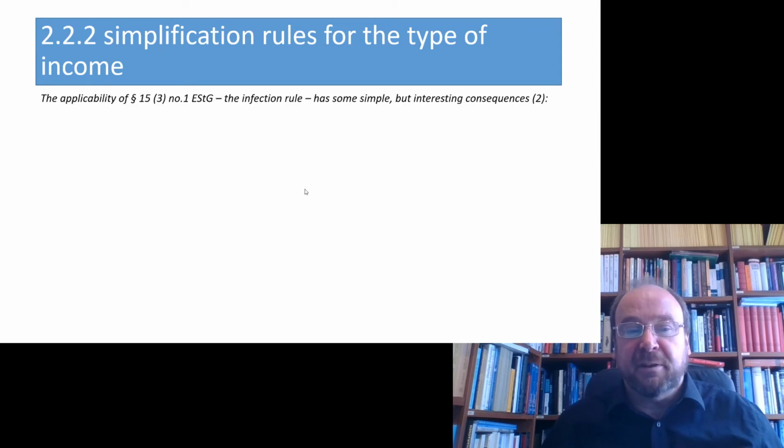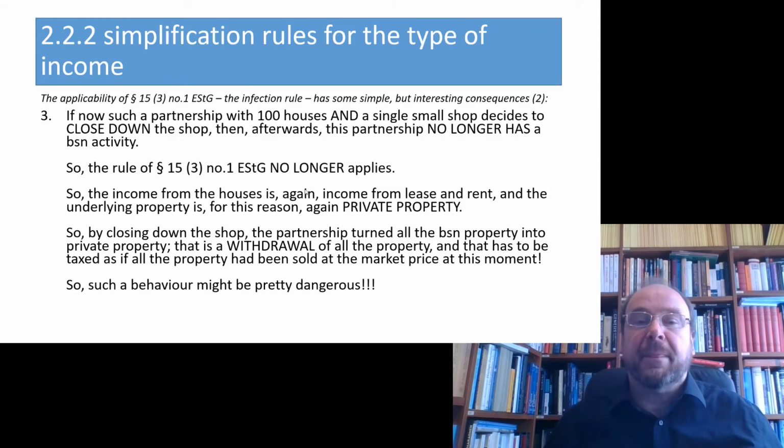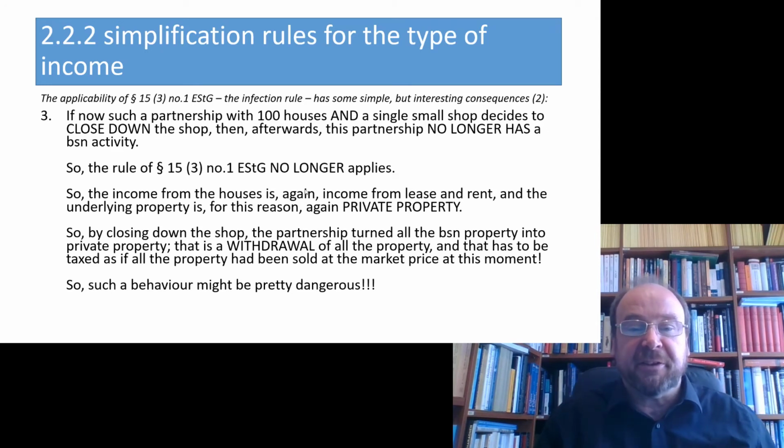And even worse, the opposite of that. Imagine you have now such a partnership with 100 houses and a single small shop selling newspapers. You decide to close down that shop. So afterwards, this partnership no longer fulfills 15.3 number 1. So it has no longer business income.